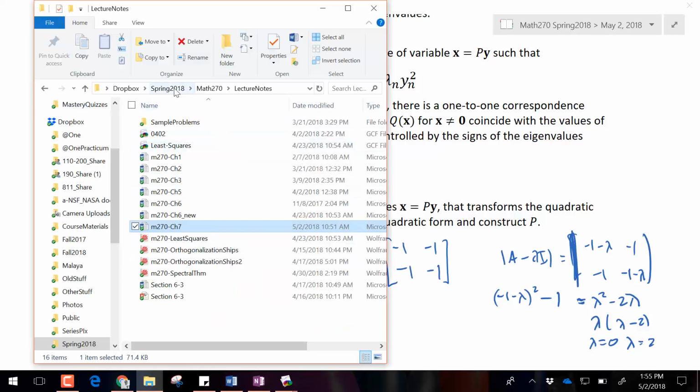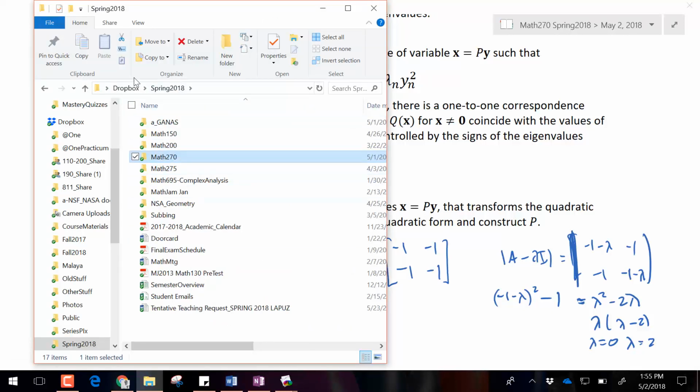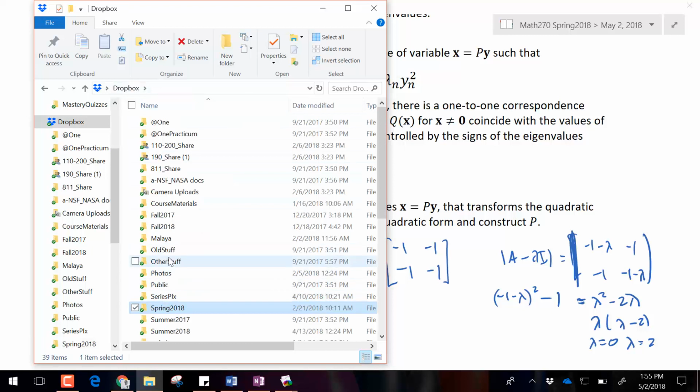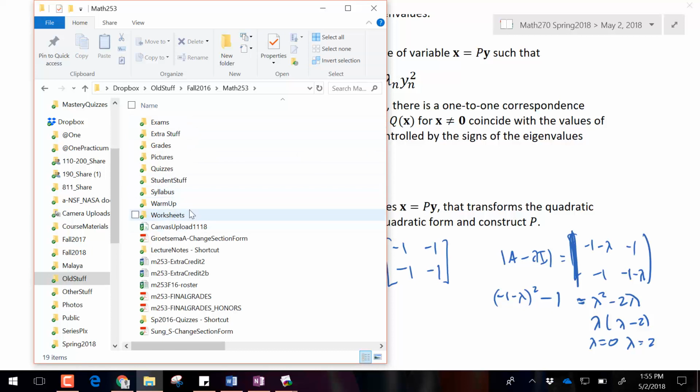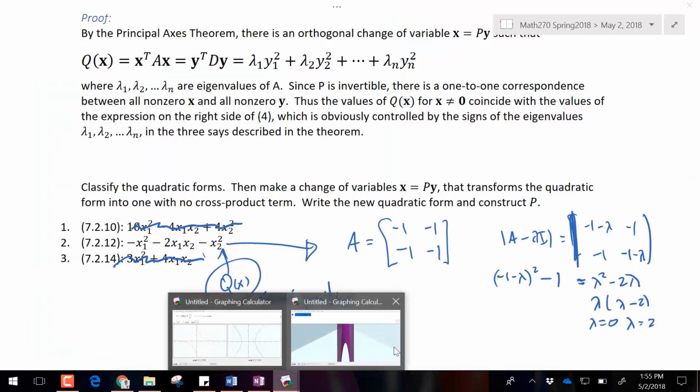I don't know if I have Calc 3 notes here. When was the last time I taught Calc 3? It probably is a local minimum. Semi-positive means there's a whole axis where it might actually be equal to 0. Let's actually graph it.